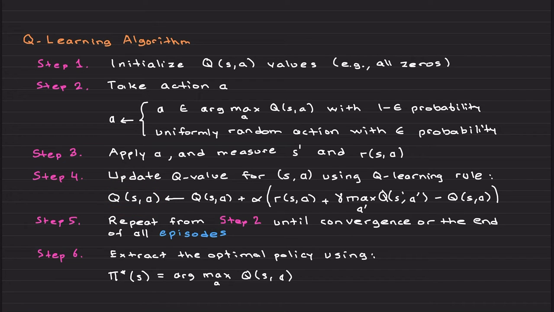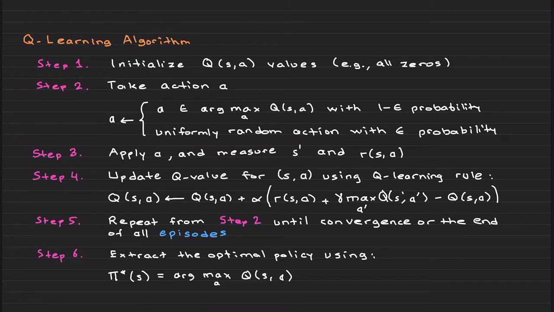And then update your Q table, basically compute this side of the equation and assign it as the new number to the SA. I discussed that this A prime, you really don't need to know A prime. I am going to show it by hand and in MATLAB in a second. I mentioned this in the previous video, but today I'm going to show it, so I'm not going to re-mention it. You don't need S prime. And then we repeat step 2 until convergence or the end of so-called episodes.